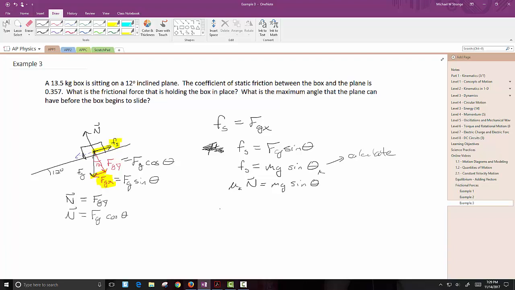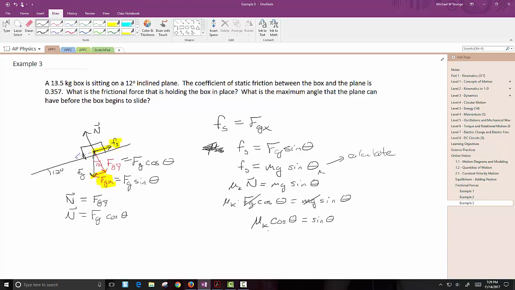So we can substitute that. The coefficient of friction times Fg cosine theta equals mg sine theta. But here's the thing, this is mg, that's the force of gravity, so these things cancel out, they divide off. And so I get the coefficient of friction times cosine theta equals sine theta.